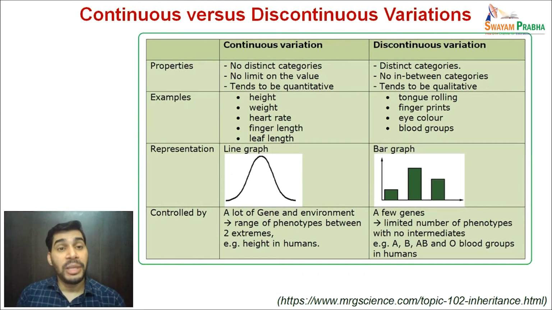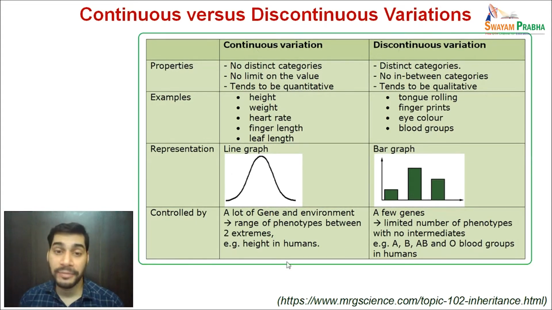Moving ahead, what do we mean by continuous versus discontinuous variations? In continuous variation, there are no distinct categories. There is no limit on the values and they tend to be quantitative. For example, take height in humans. There are no distinct categories. Consider instead the blood group of organisms. In blood groups, there are fixed categories. Either it will be an A blood group, B blood group, or AB blood group.